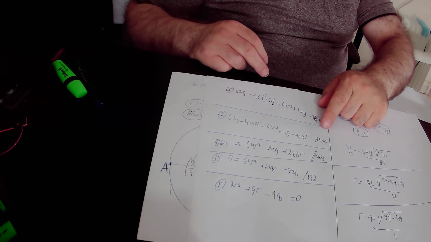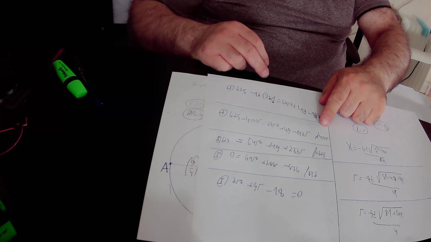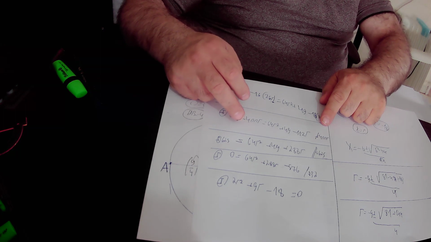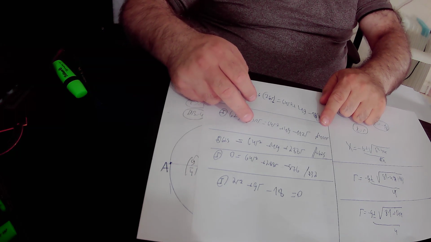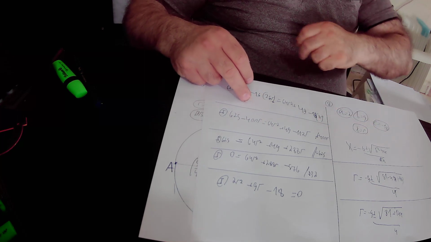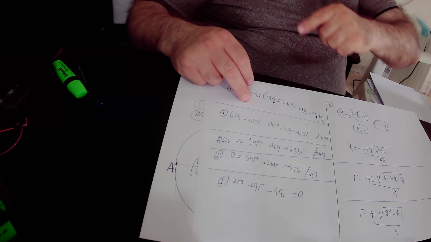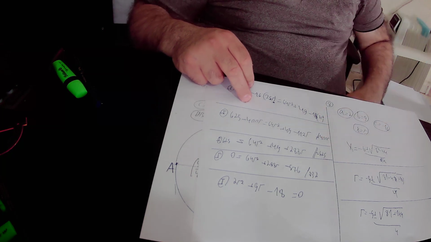Here we added 400r to this equation, equation number 1, and we found that 625 equals 64r squared plus 49, and we have here 400r minus 112r equals 288r.